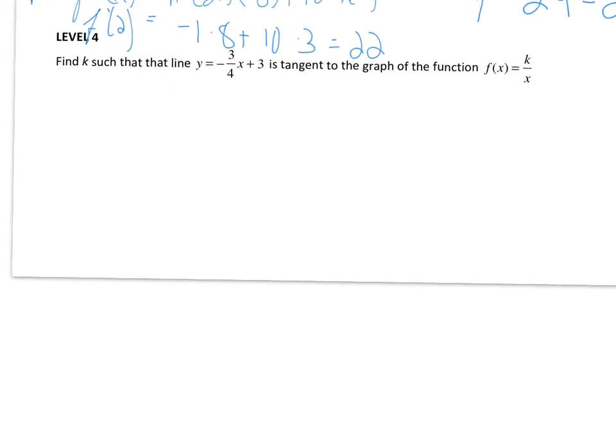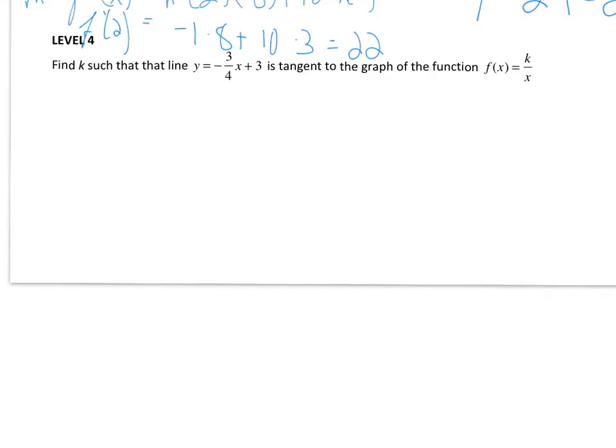Lastly, level 4, which is going to not only take advantage of these rules, but also take advantage of some vocabulary. Again, I see this keyword of tangent, and I'm starting to learn that tangent means derivative, tangent means slope, and it also means that the slopes or derivatives will be the same. So for my line, my slope is negative 3/4.